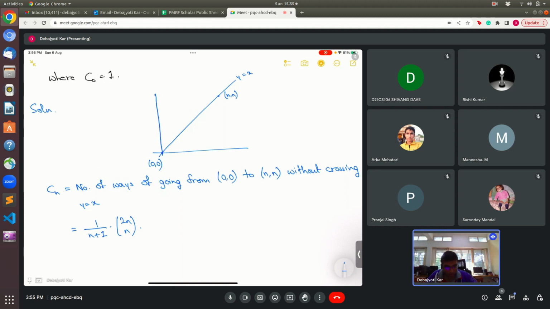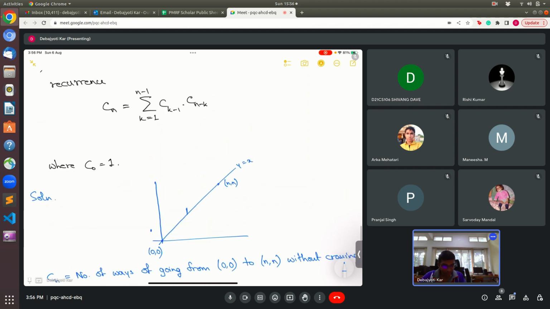The total number of ways of going from 0, 0 to n, n without this constraint is 2n choose n. Now you can map every bad path, that is a path which crosses the line y equal to x, to a valid path from -1, 1 to n, n. If you subtract those two terms, you will get 1 by n plus 1 times 2n choose n. It's a simple proof.